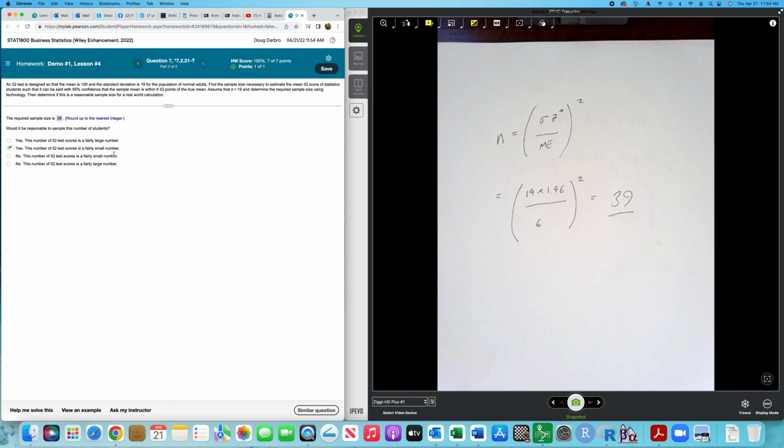Now, this is a relatively small number, and this answer comes to the point that sometimes we have to make estimates based on small numbers. My wife is a school psychologist, and she gives IQ tests, which are very time consuming and very expensive to give. So if she's going to give an IQ test to a group of students and try to generalize from it, she would want to select a small group.